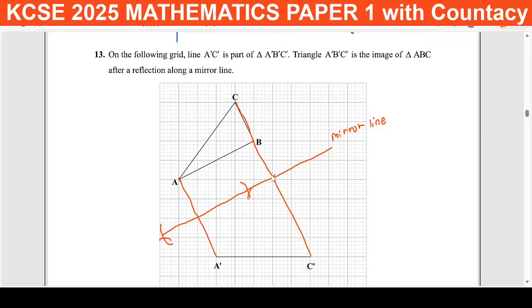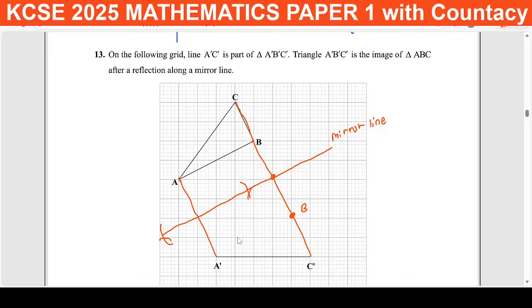Once you identify that length, you measure an equivalent length from this point downwards, and you will notice that it lies around that place, and that automatically becomes your B.